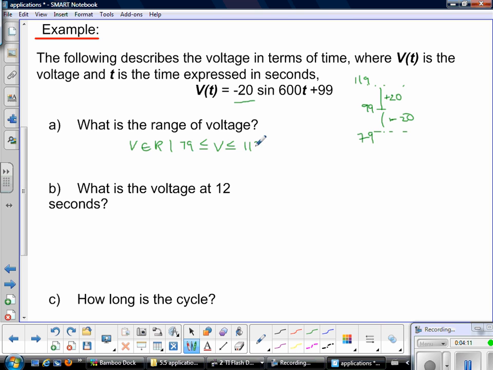So I can write it like that, or I can put voltage is between 79 volts, which is V, to 119 volts. Either way would be acceptable for a word question.